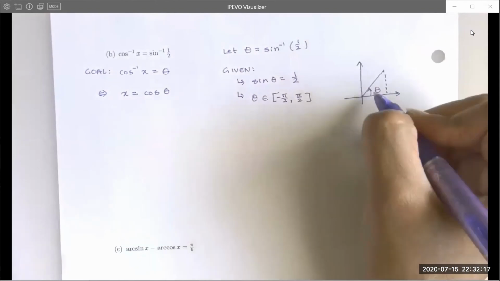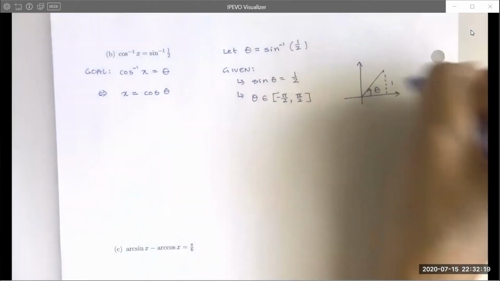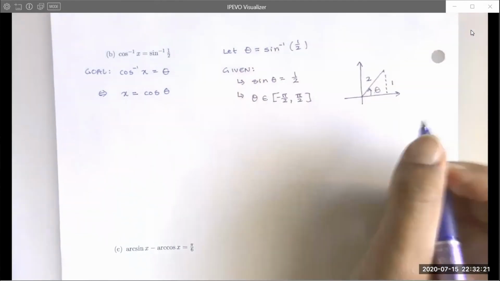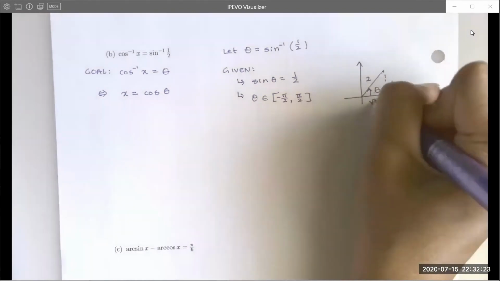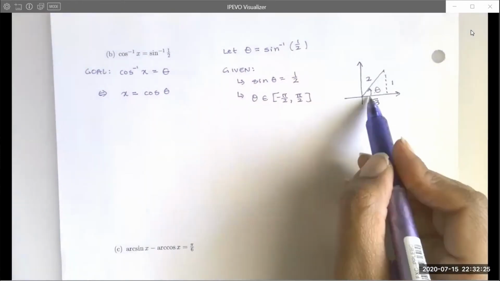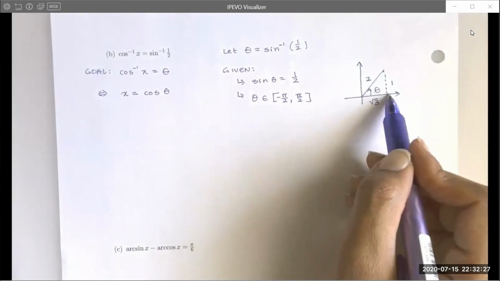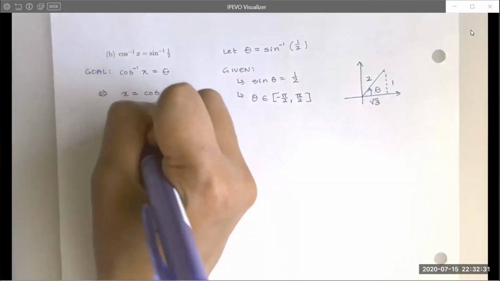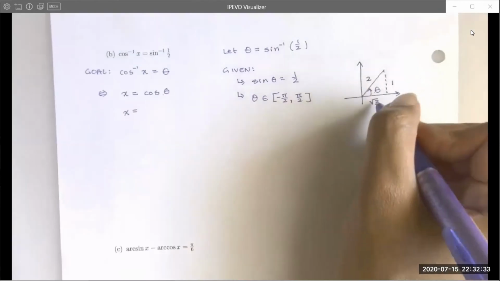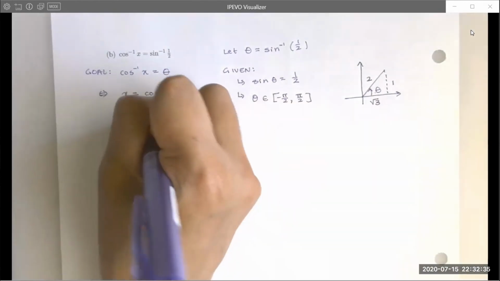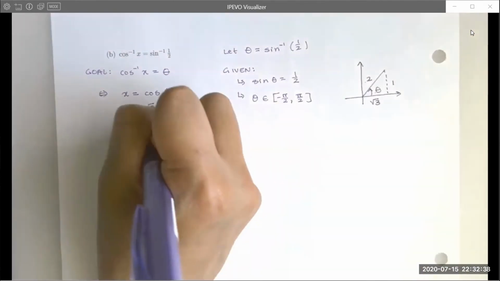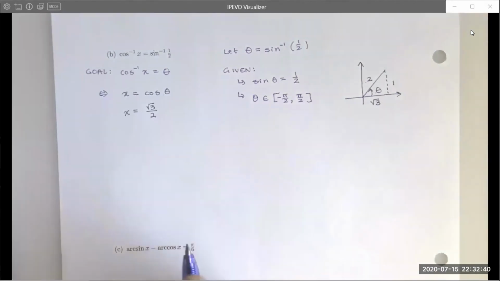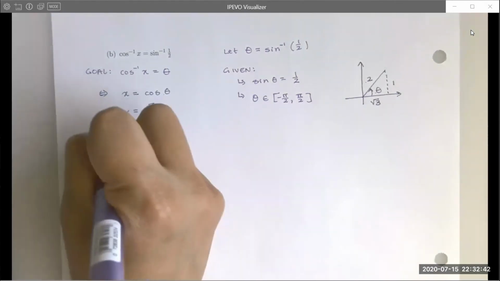Okay, so opposite to angle theta is 1, hypotenuse is 2. I'll leave out the Pythagorean theorem work, but you can verify that the adjacent side is going to be square root of 3. So if we're looking for cosine of theta, then it's going to be adjacent, which is radical 3, over hypotenuse, which is 2. Now we can check.